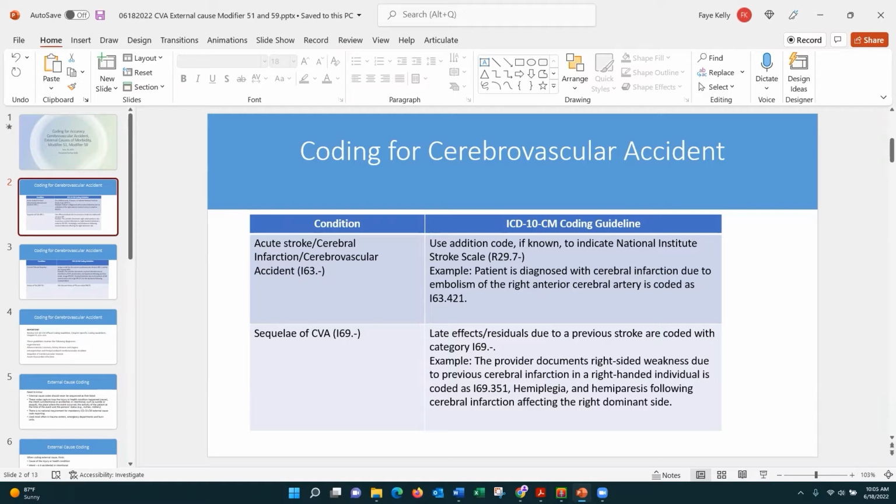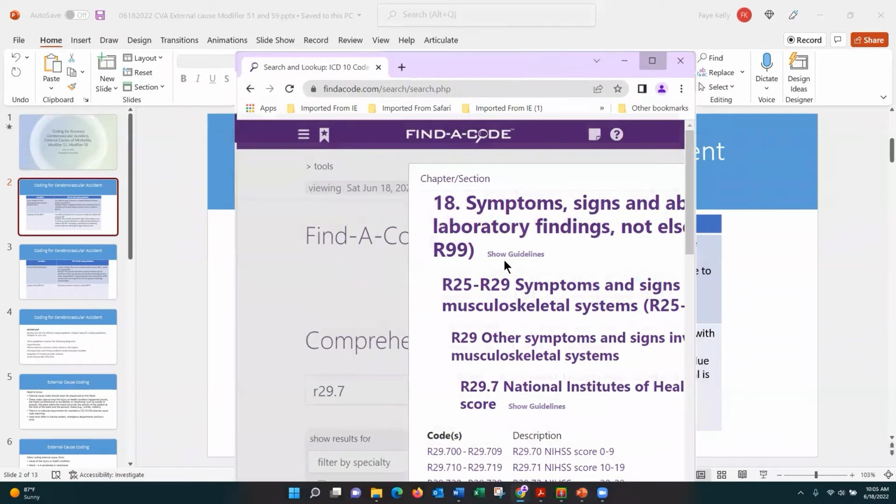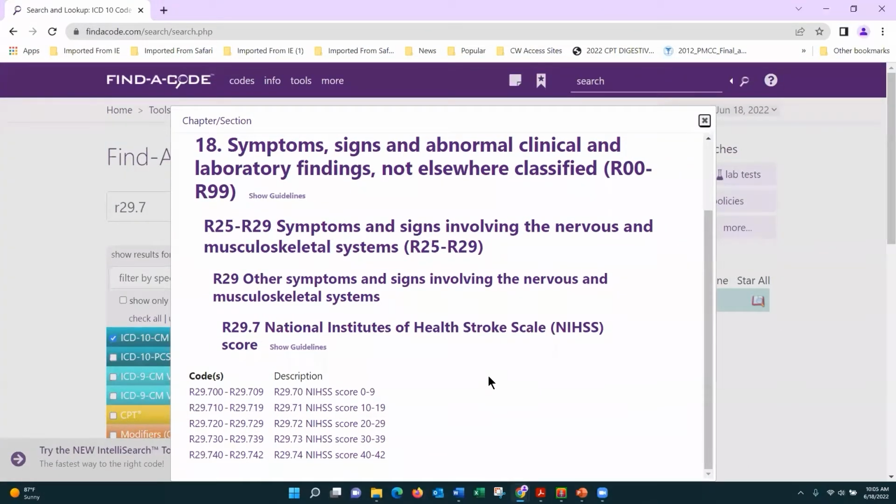And I wanted to show you, I actually pulled it up on my other screen. So I wanted to show you what the R29 category looks like. It's a scale or a score, and it's going to range from these categories.